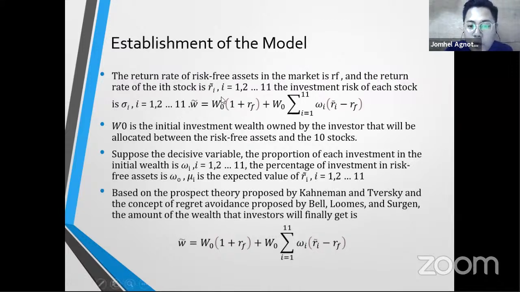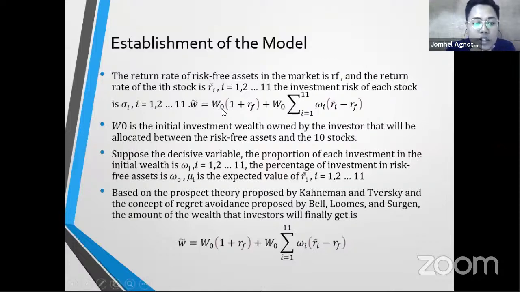Given R sub I, which is the return rate of I stock, and R sub F, which is the return of the risk-free assets in the market, and sigma I, which is the standard deviation, we can compute our W. W is the total amount that our investor will own after some time.